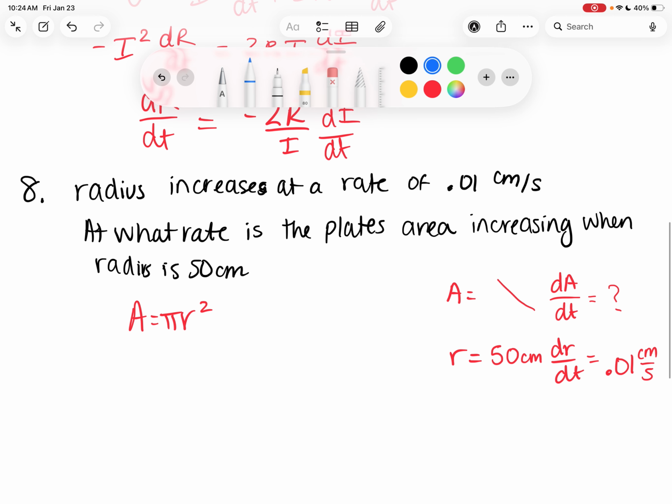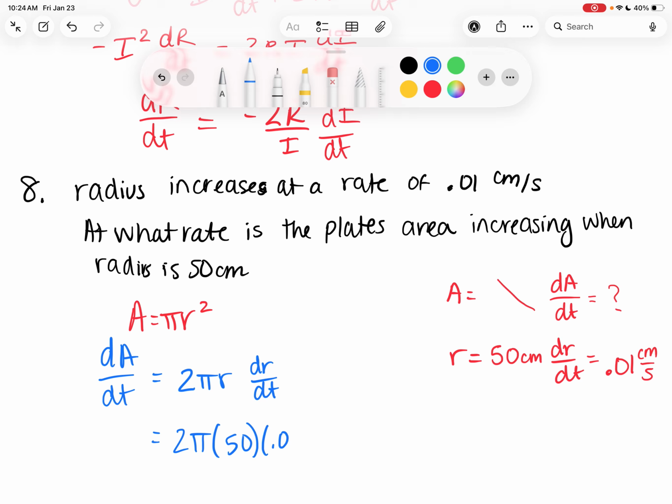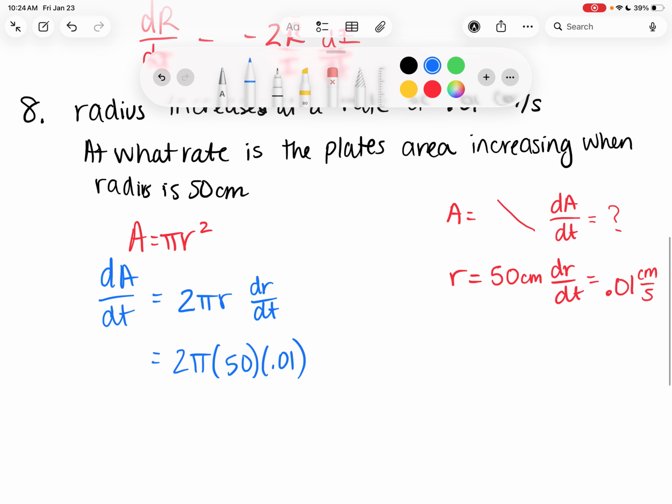So take the derivative, we get dA dt is equal to 2 pi r dr dt. And then we can plug this stuff in. So we've got 2 pi times 50 times 0.01.